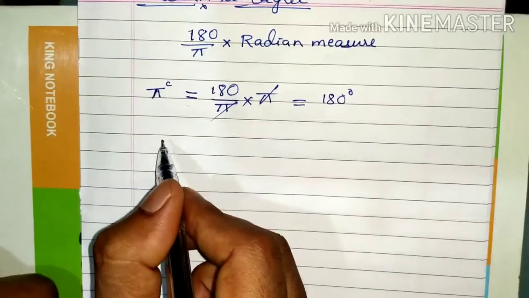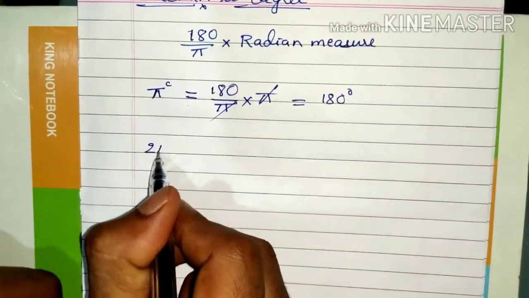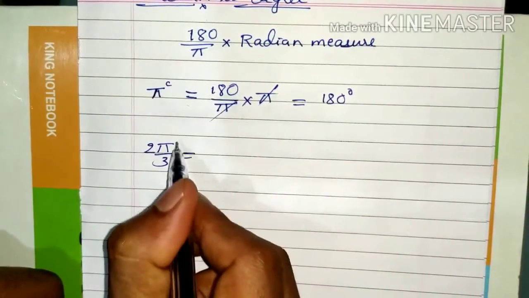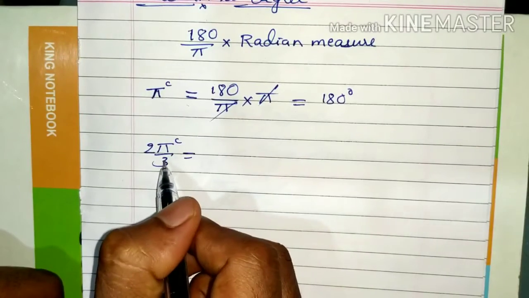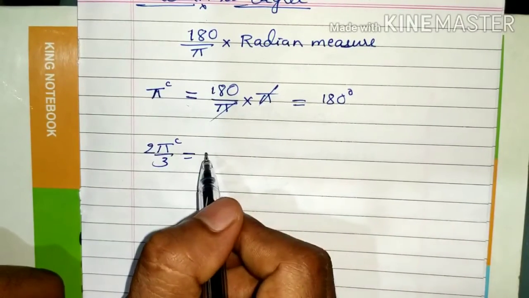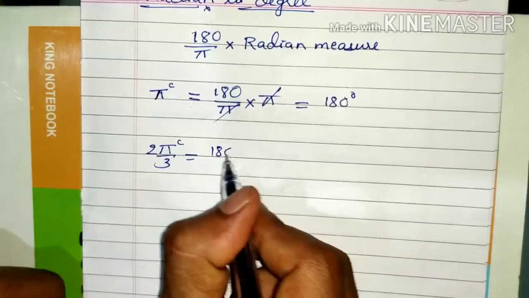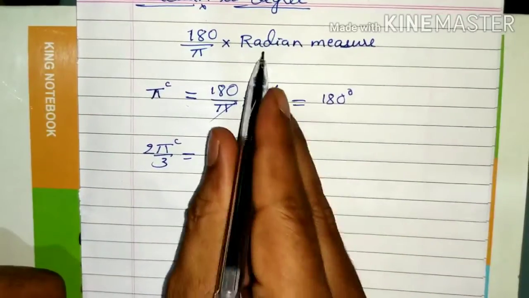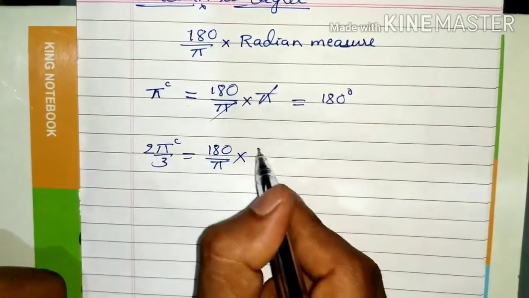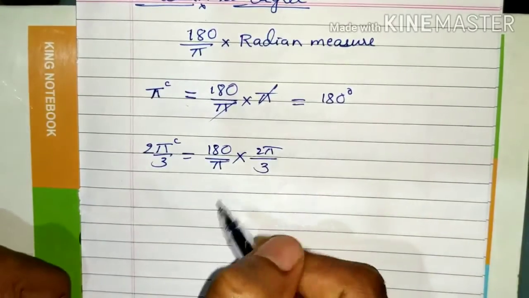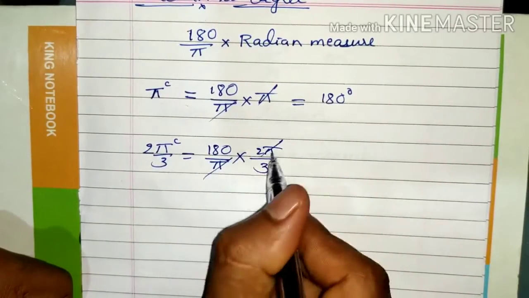In the same way, suppose you want to convert 2 pi by 3 radians to degree measure. Make use of this formula, 180 divided by pi into the radian measure, which is 2 pi by 3. You can cancel pi.